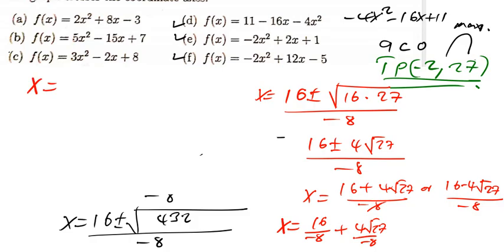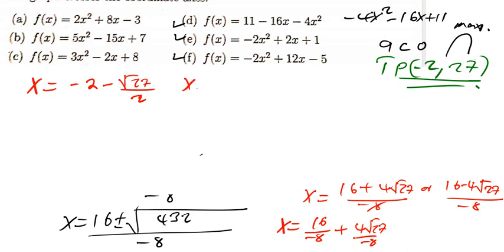So there is going to be negative 2. Then there is going to be negative root of 27 divided by 2, which is exactly as the ones we're supposed to find using that simple one.